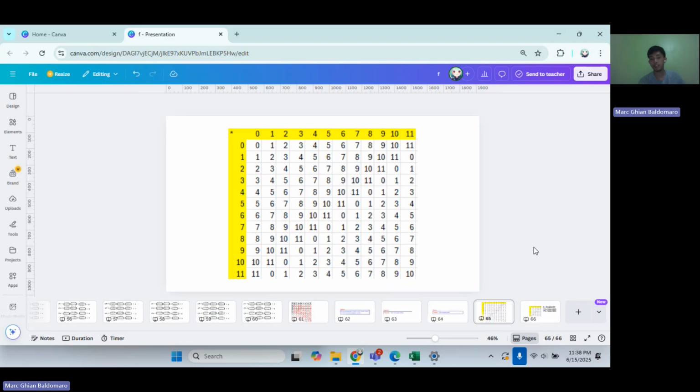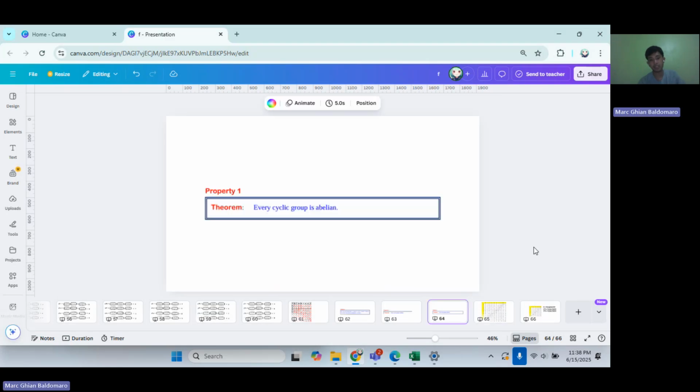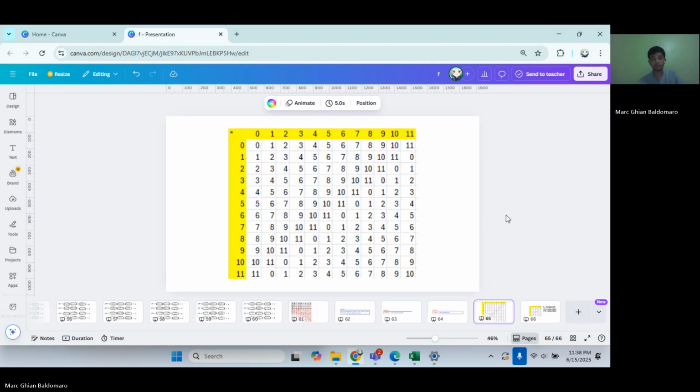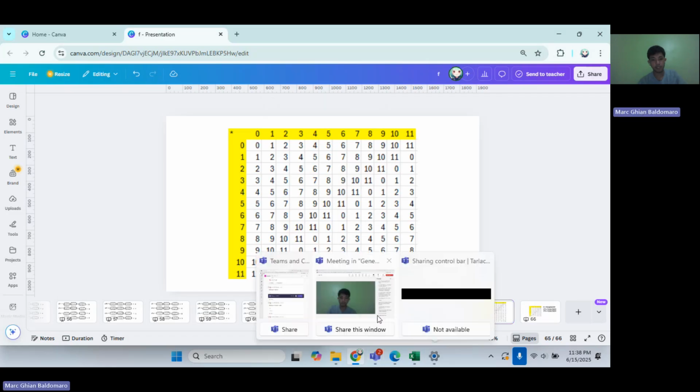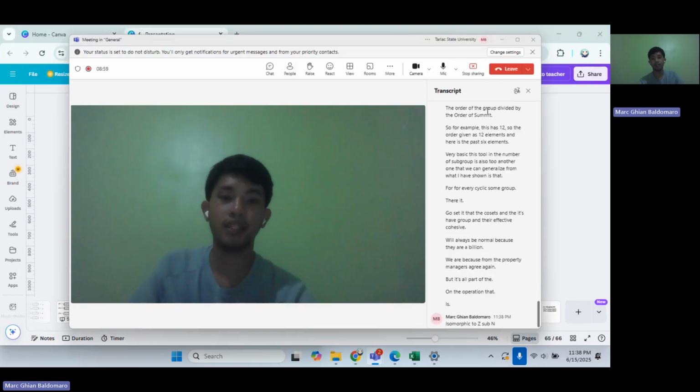Because of property one, every cyclic group is abelian. That is all for the operations on groups isomorphic to Z sub n. I hope that it was clear.